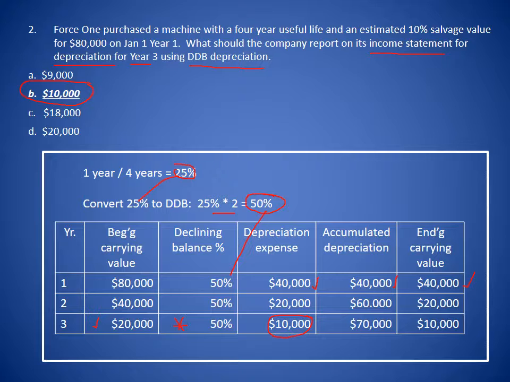Some students will still go ahead and calculate depreciation and try to use that number as the answer when it was possibly asking for something such as carrying value, or what would be the accumulated depreciation at a point in time. So keep that in mind when you see a question like this.